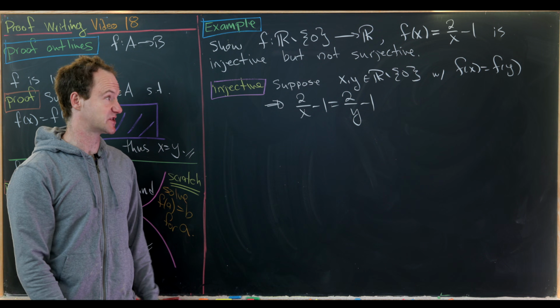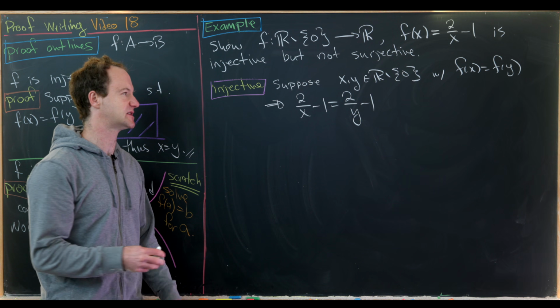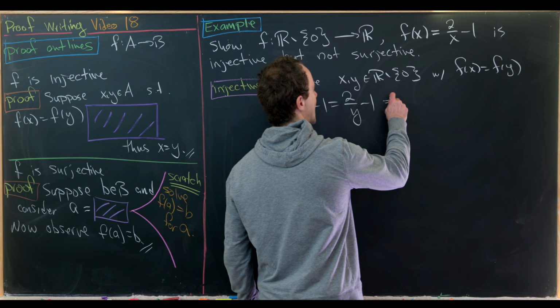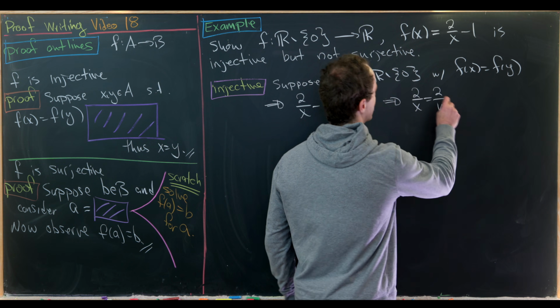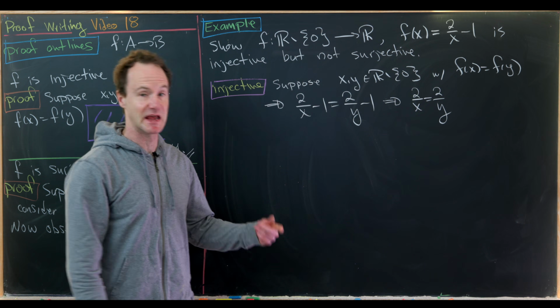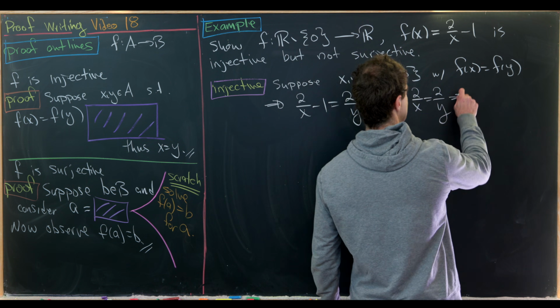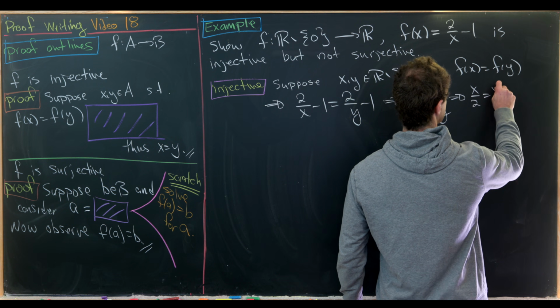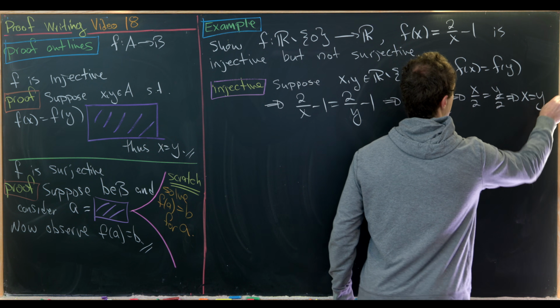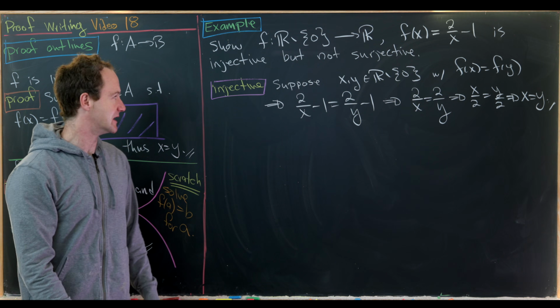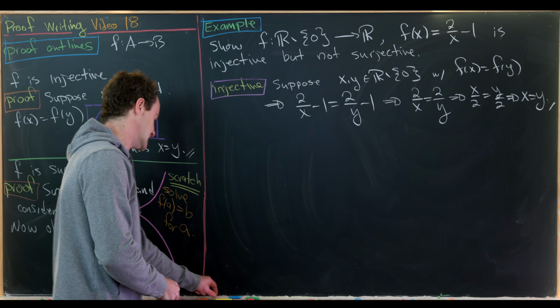But now essentially we just solve for y or solve for x. It's the same kind of thing. So we can add 1 to both sides to get 2 over x equals 2 over y. Then we can invert this and we'll see that x over 2 equals y over 2, which means that x equals y. But that's exactly where we needed to end up to show that this was injective.